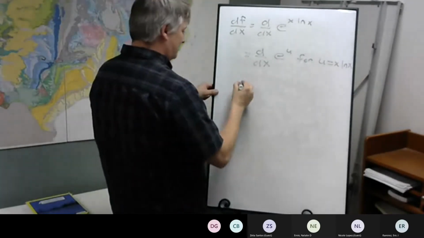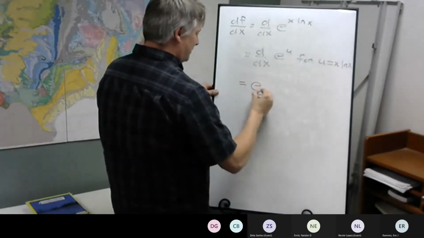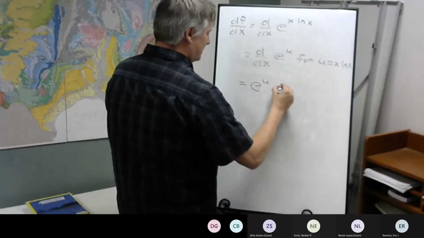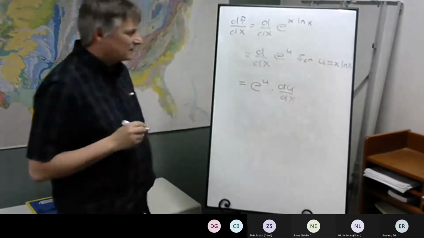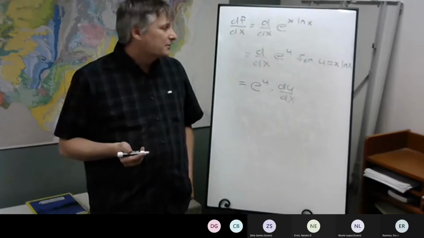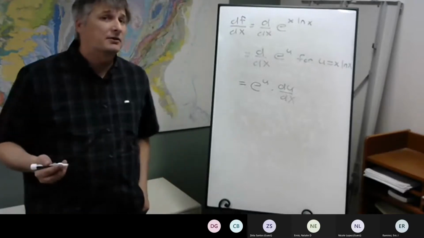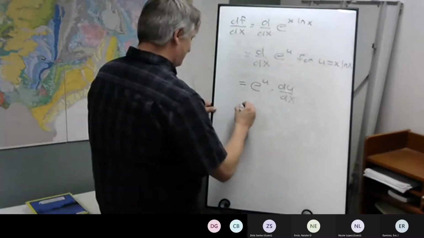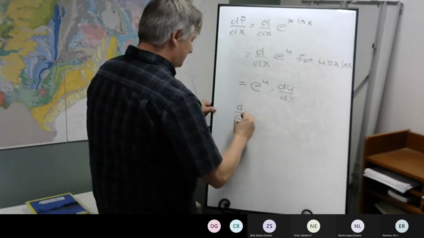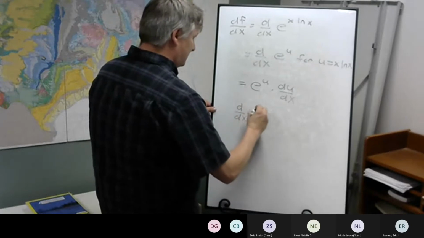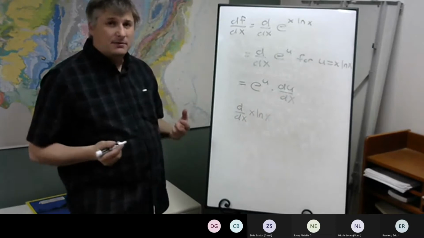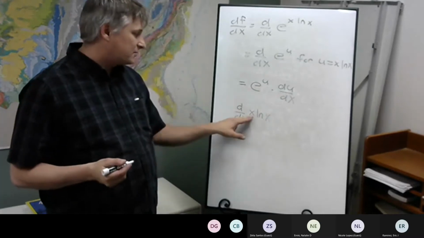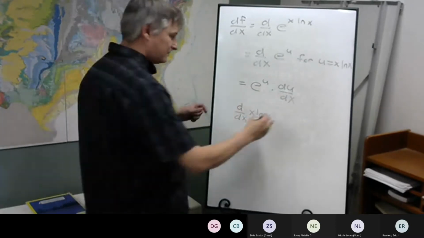And so this will be e to the u times du/dx. So you've got to compute du/dx. Well, this is going to be a product rule. So d/dx of x ln of x. We're going to break this up into two functions, f of x and g of x.